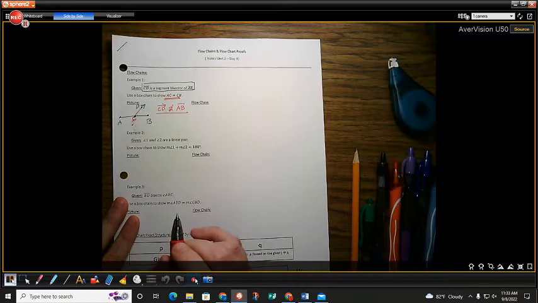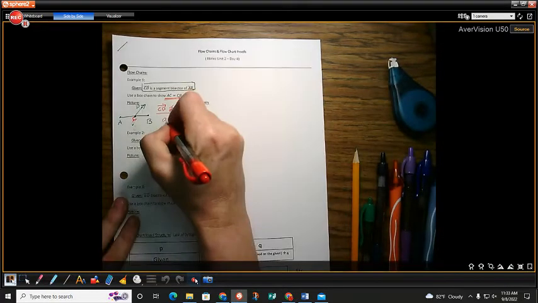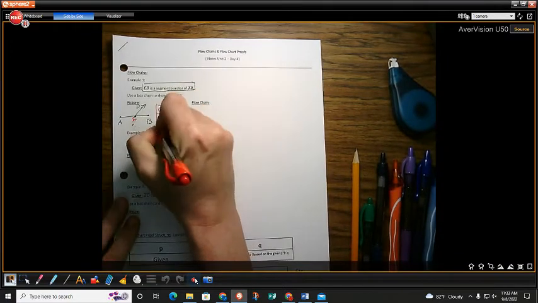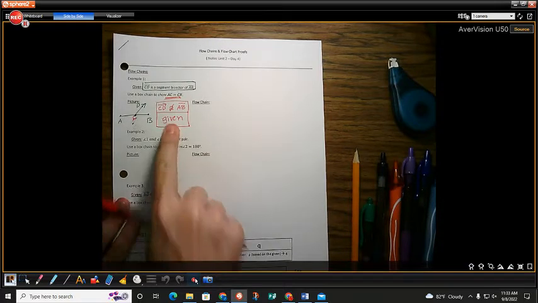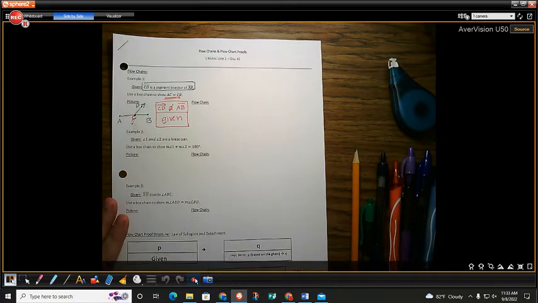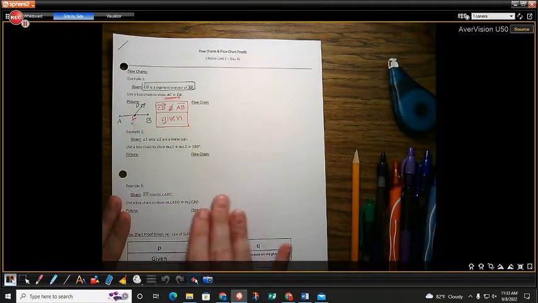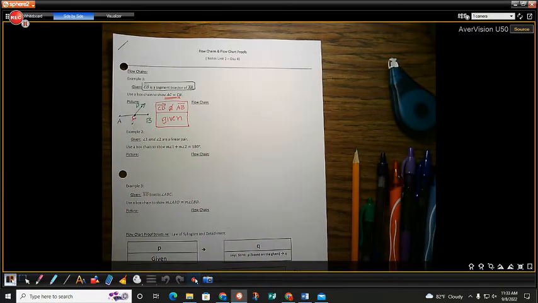And how do I know that CD bisects AB? Because it is given. You should always get the first two things correct. And oh look, in a flowchart proof, flowcharts have boxes, so you get to draw a cute box around it. I would wait to draw the box until you're done writing all your words so you don't run out of space to write your words.